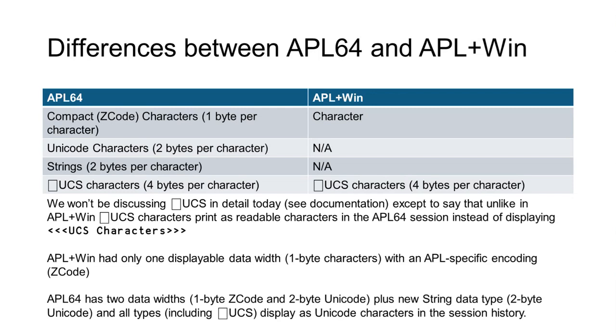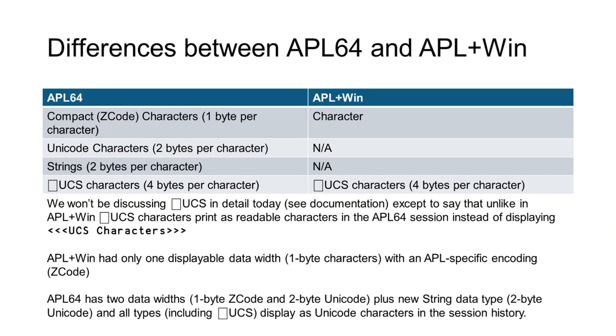In Apl64, we do display the actual Unicode characters if they're displayable. And if not, we'll put some kind of a blot that shows that we don't know what that character encoding represents, but it displays just like regular character data, but with a broader range of possible things.